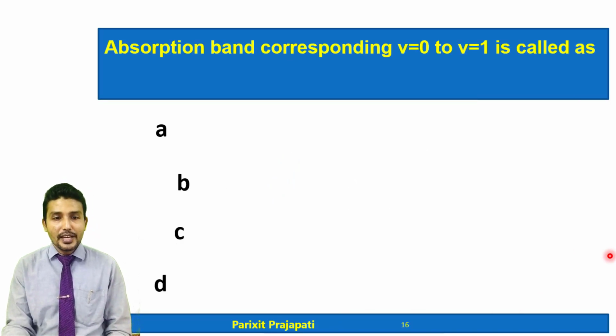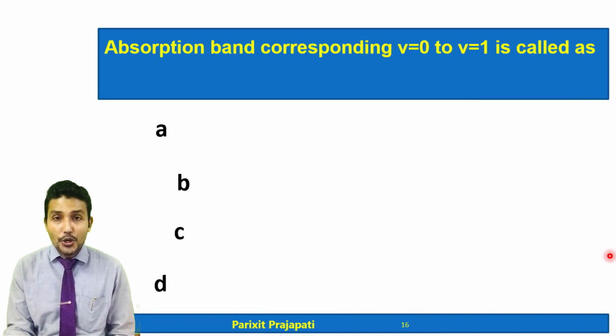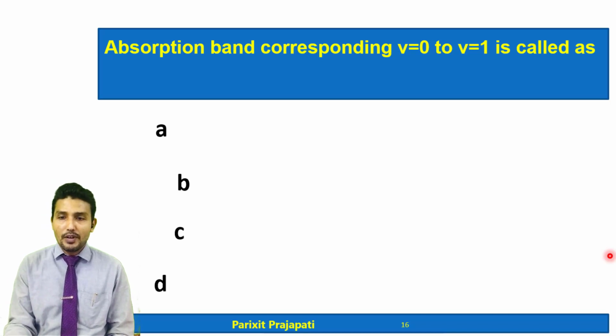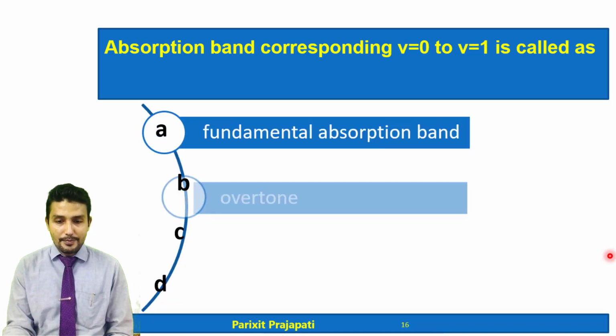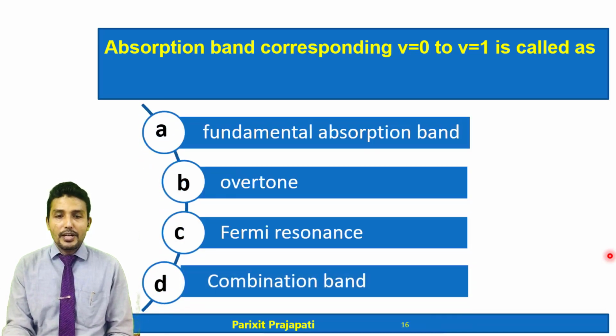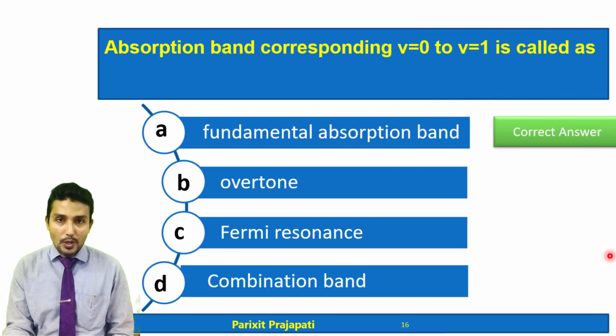Next, the absorption band corresponding to nu equal to 0 to nu equal to 1 is called: fundamental absorption band, overtone, Fermi resonance, or combination band. The correct answer is fundamental absorption band.